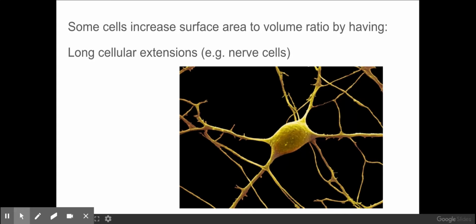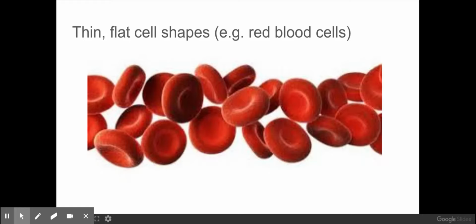And so cells have a lot of interesting little tricks to increase their surface area to volume ratio. One is to have really long cellular extensions. You see these in things like nerve cells. They have that cell body, but then they have these long extensions. Another is to have a thin, flat shape.